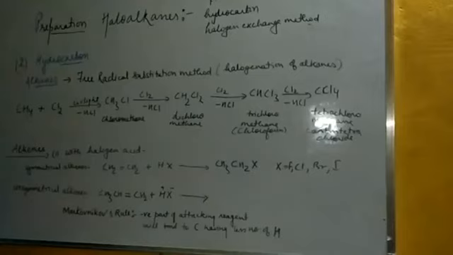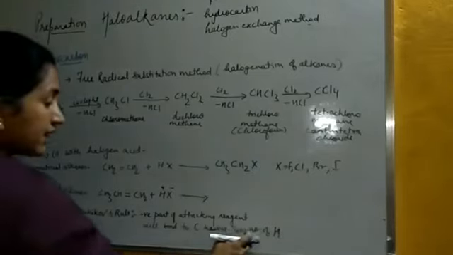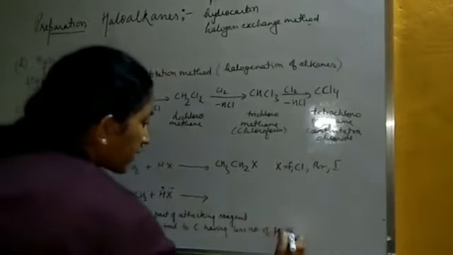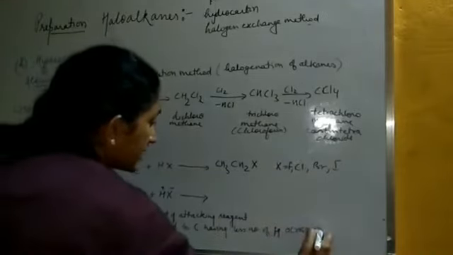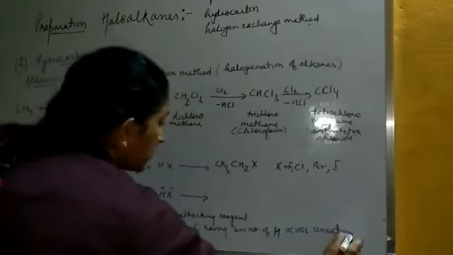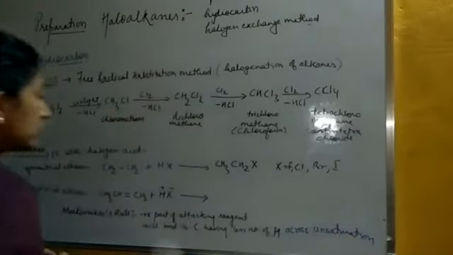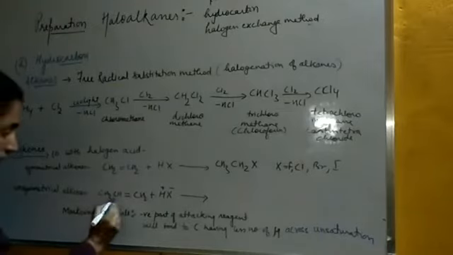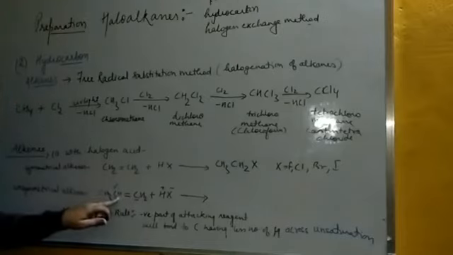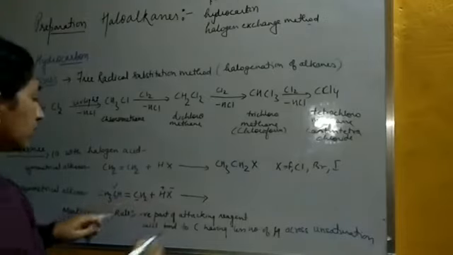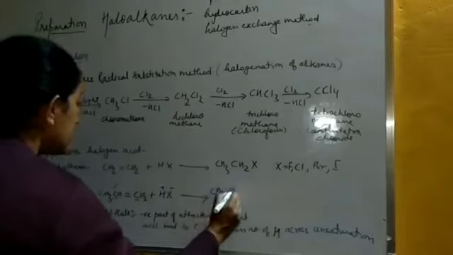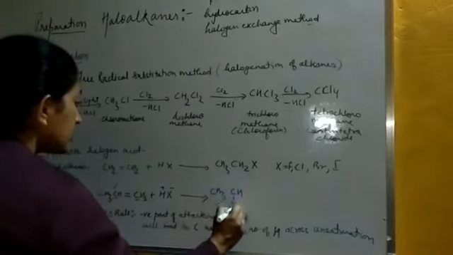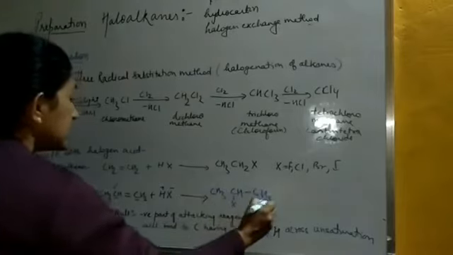So the negative part will attach to the carbon having less number of hydrogen across the unsaturation, or across the double bond, right? So here you can see that across the unsaturation we have got these 2 carbons, and this one is having less number of hydrogen, only 1. So this negative part will go here, it will become CH3CH(X)CH3.